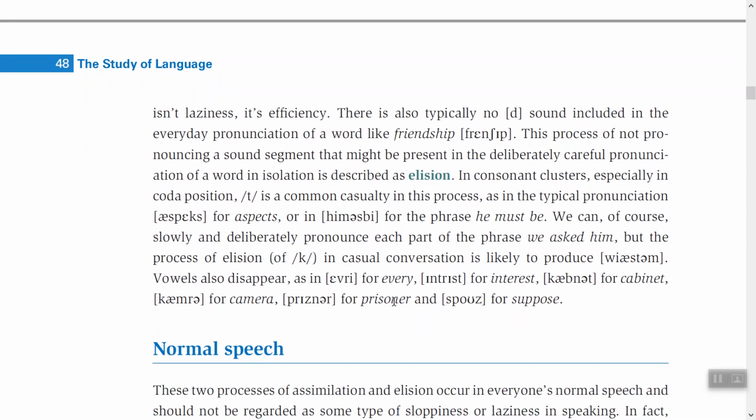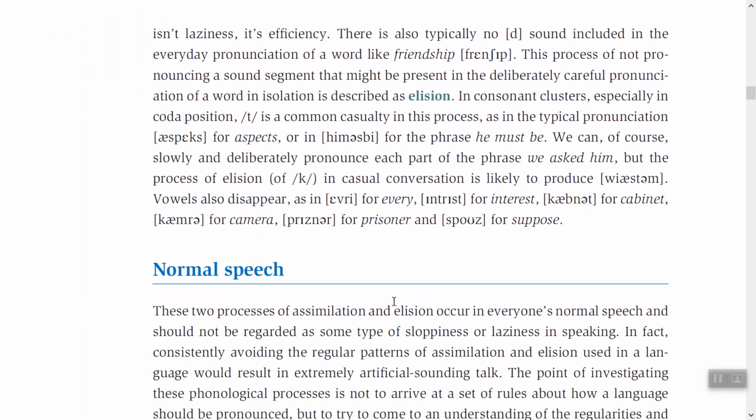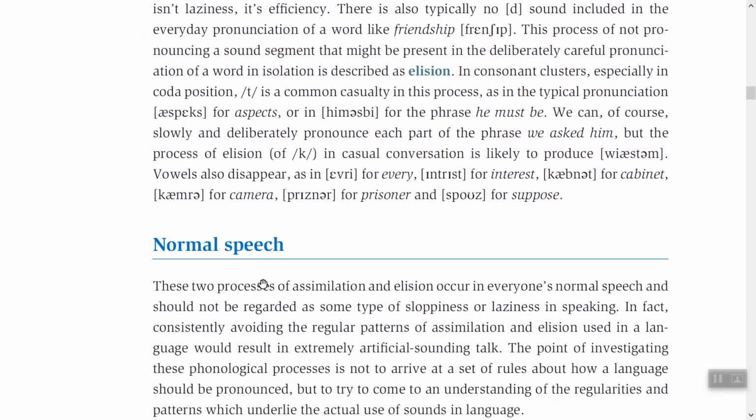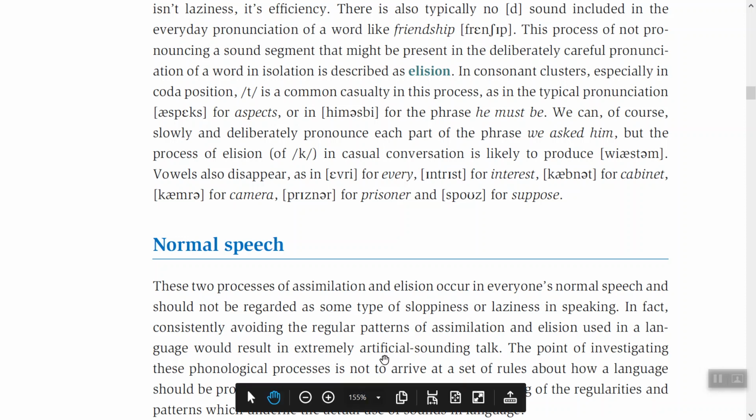Okay, and the last thing is normal speech. Assimilation and elision occur in everyone's normal speech and should not be regarded as some type of slowness or laziness in speaking. In fact, constantly avoiding the regular patterns of assimilation and elision used in language would result in extremely artificial sounding talk.